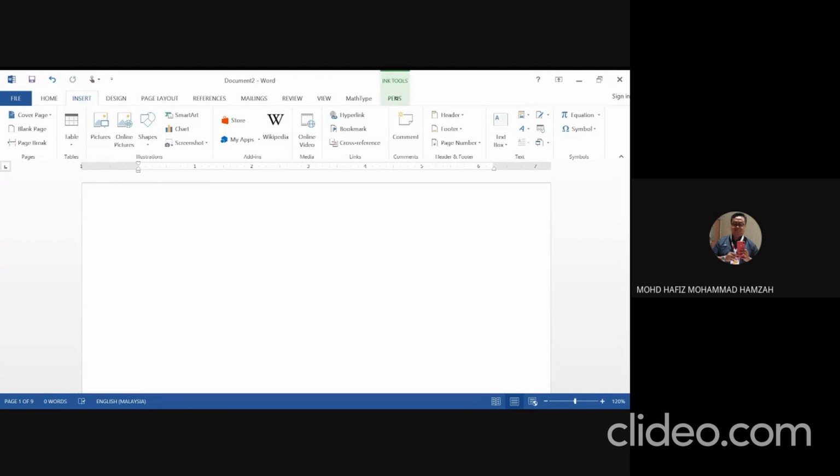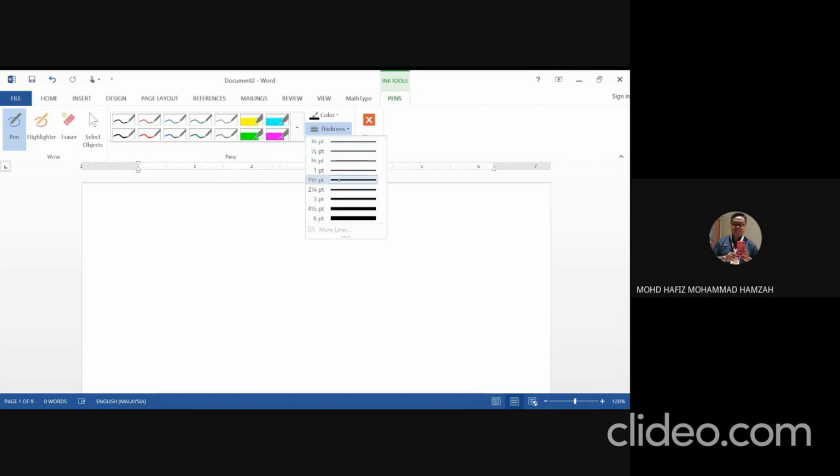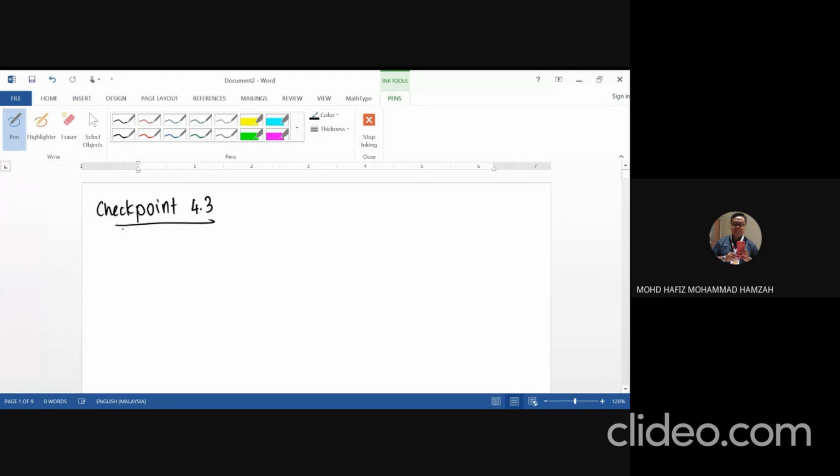Okay, so this is checkpoint 4.3. So the first question, A.